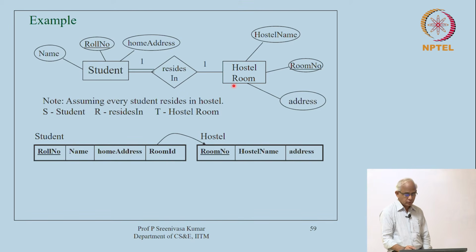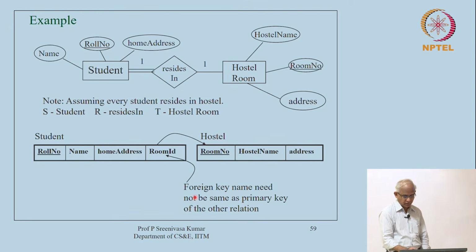The foreign key name, of course, need not be the same as the primary key name; it could be some other name. For example, I said here room ID, which basically refers to room number.